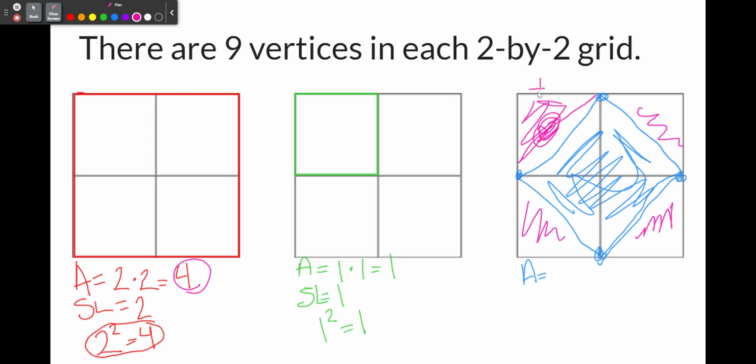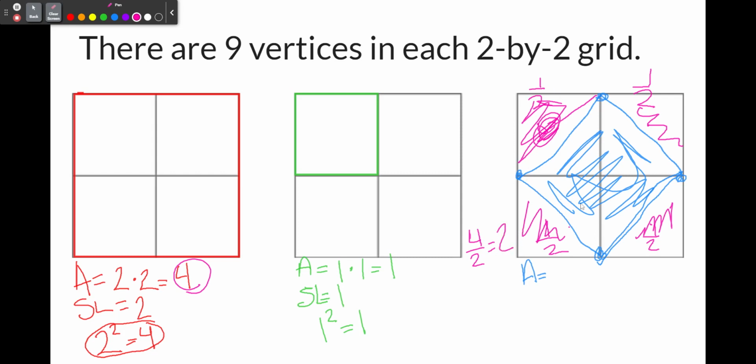So I have 1/2 here, I have 1/2 here, 1/2, and 1/2. So if I have 1, 2, 3, 4, 4/2, which would look like this, 4 over 2, 4 divided by 2, is equal to 2.